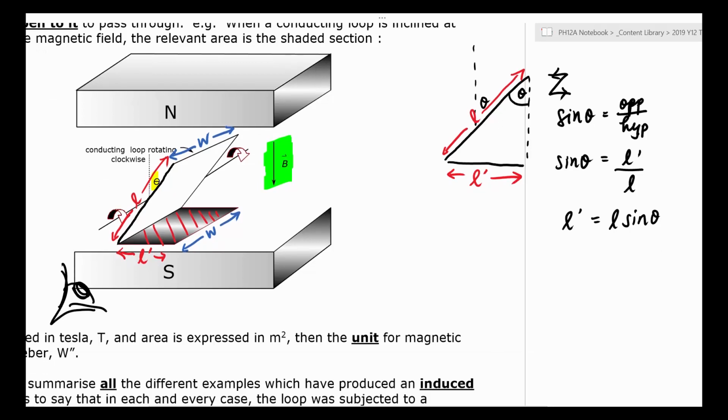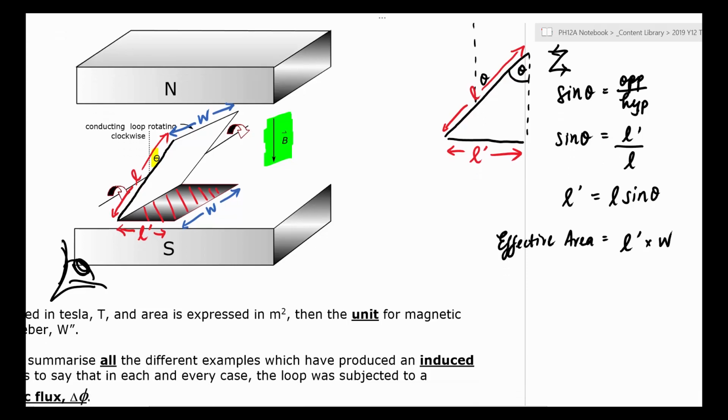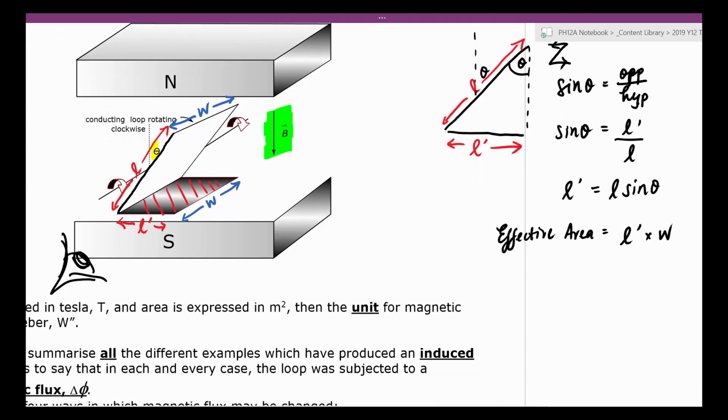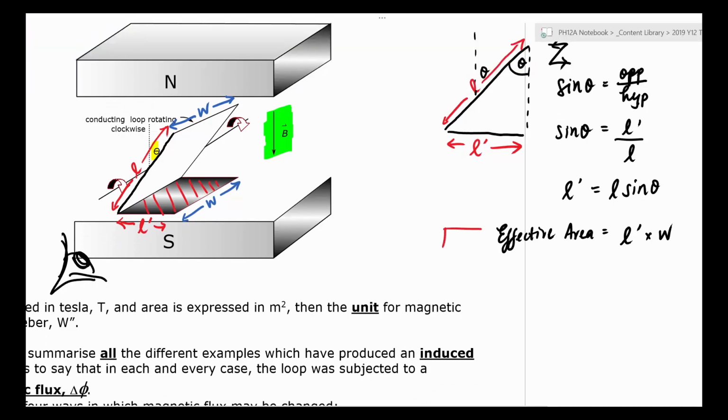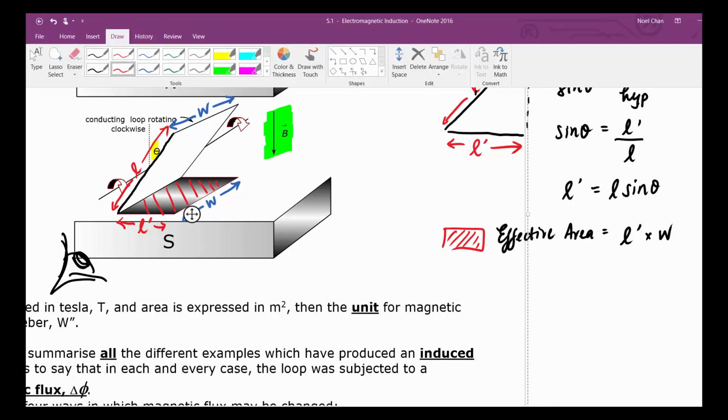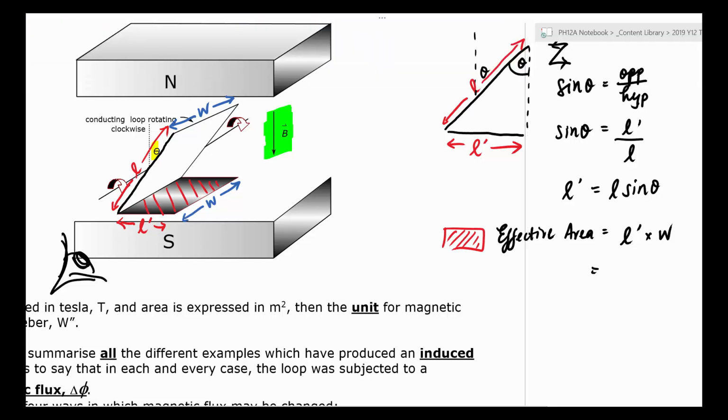If I now think about the effective area of the loop, the effective area is always equal to L dash times the width. That would be the shaded area down the bottom that we see. But we know that L dash is actually L sine theta, times W. So we've actually got LW sine theta.